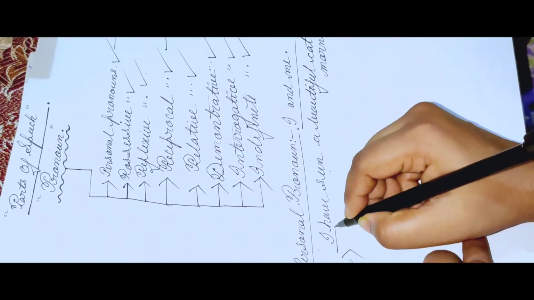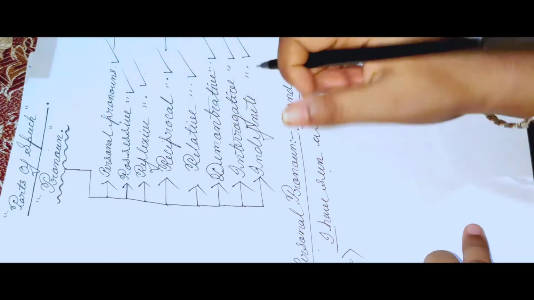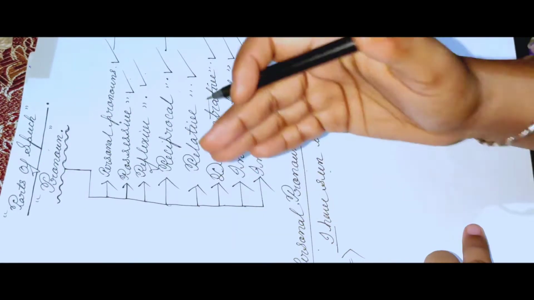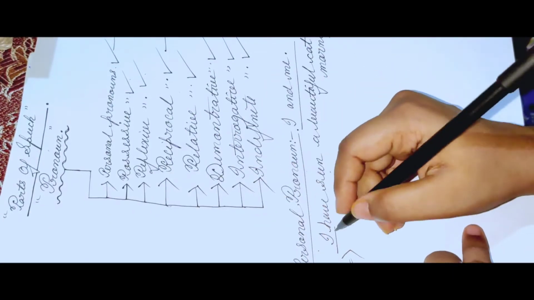So here I is referring to himself or herself. We have used I, which is a personal pronoun, at the very beginning of that sentence as a subject.